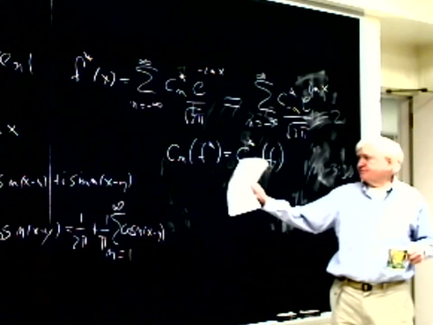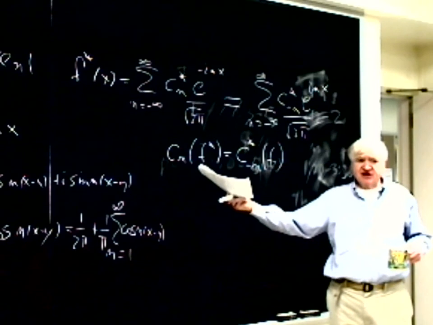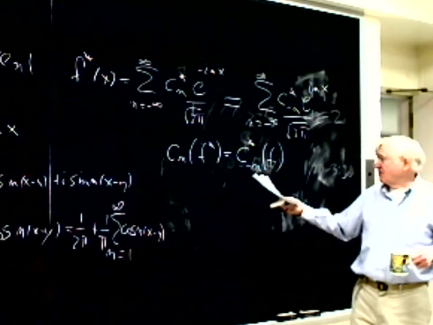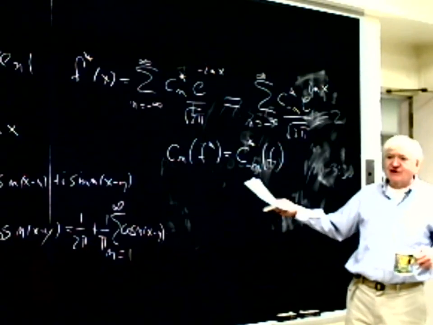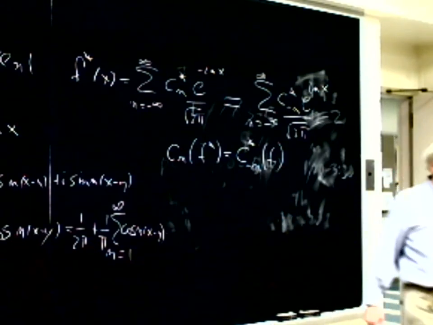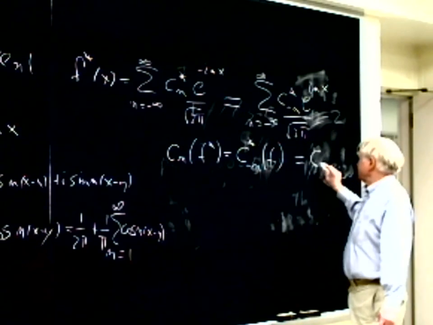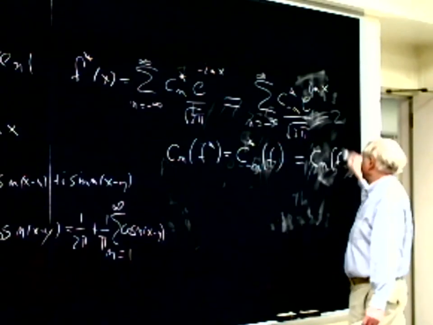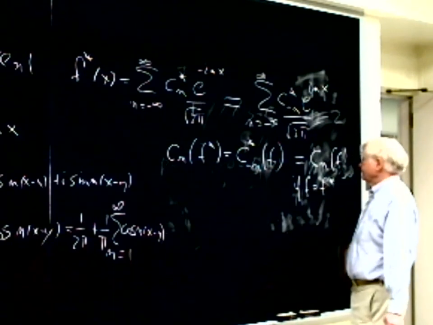That means the coefficients used to represent the function f star are the complex conjugates of the inverted coefficients of the function f used to represent the function. If the function is real, though, this is equal to Cn of f, if f is equal to f star.